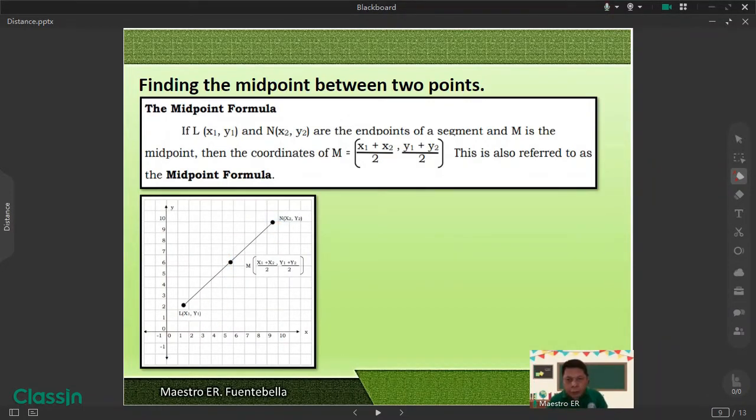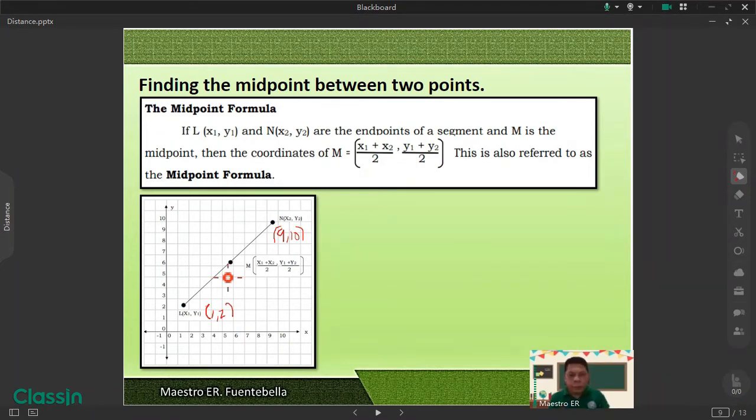So point L is at, let us say, 1 and 2, and point N is at 9 and 10. So we're going now to find the midpoint of these 2 points using the midpoint formula.